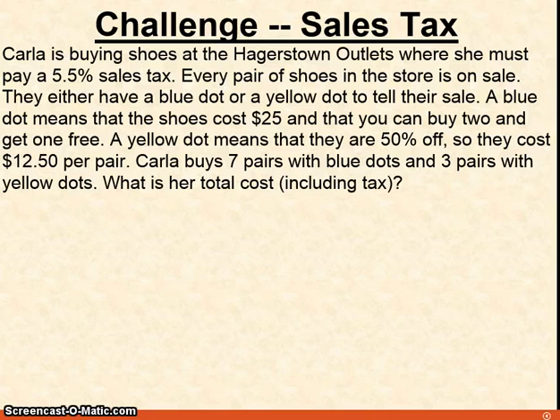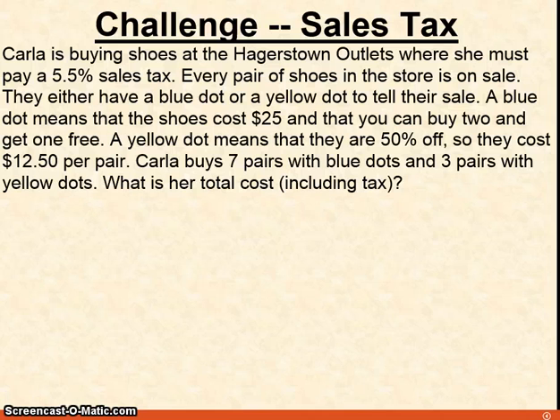Now, this is your challenge question, which is your practice problem in today's lesson. So this is one that you're going to try on your own. However, I am going to read it to you to help some of you who need that. Carla is buying shoes at the Hagerstown outlets where she must pay a 5.5% sales tax. That's her tax rate. Every pair of shoes in the store is on sale.